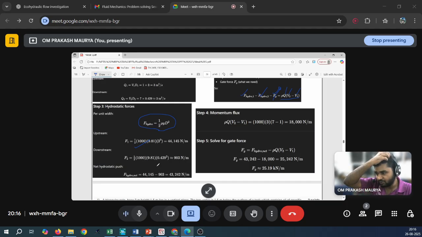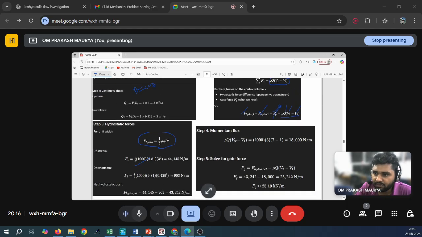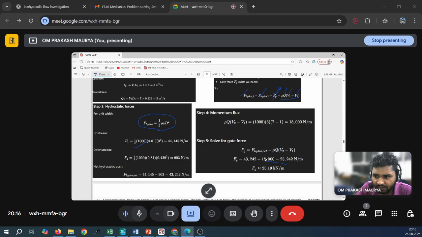Similarly for downstream also. So what is rho Q1 Q2 you already know, V1 V2 already known, so everything is here. Now each value you need to put in this equation, and after the final calculation you will get this value.